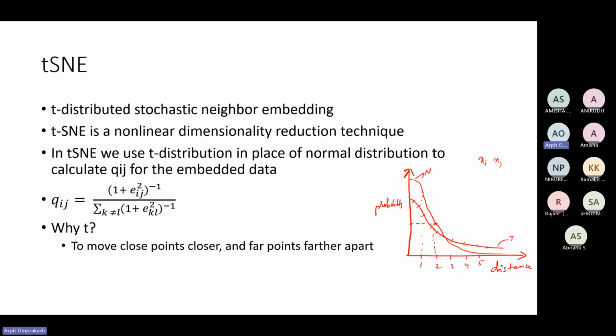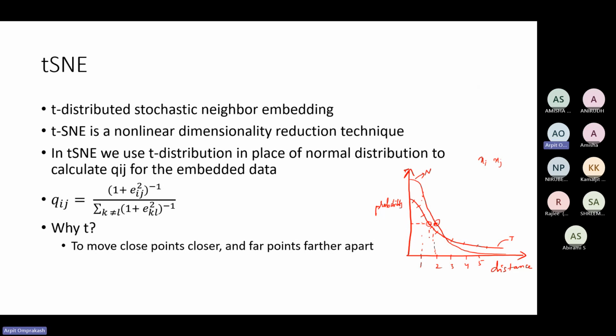And then after calculating the probability Pij, we are transforming, like changing the value to Qij and then using it to transform to our embedding space. So basically what happens is the Qij value is taken as this, and then we use the T distribution to map the data to the lower dimensional space.